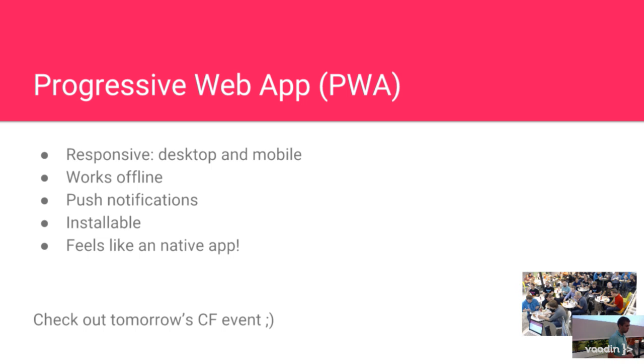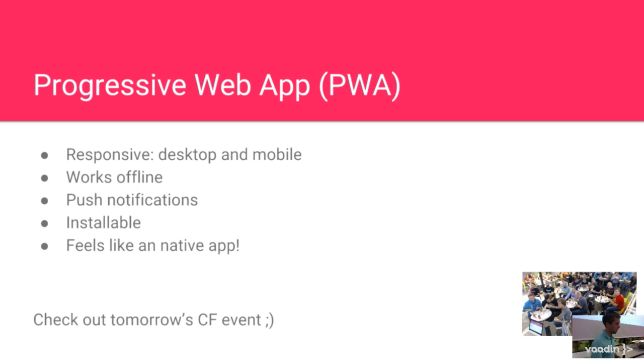They should also work offline. So when the user doesn't have any internet connection or has a bad internet connection, the user experience still should be pretty good. And also with the progressive web apps, we can use push notifications, so we can interact with our user in the same way as we do with native apps.